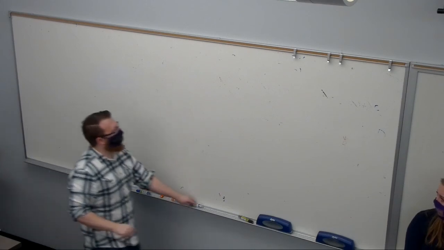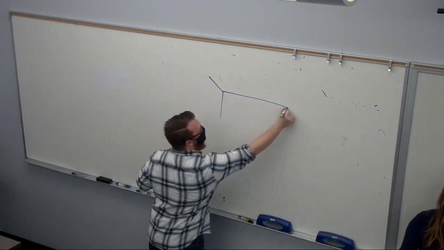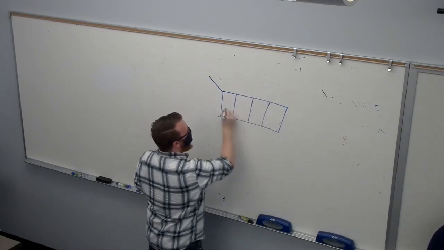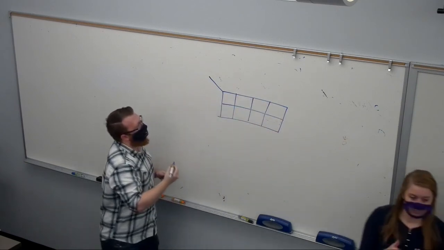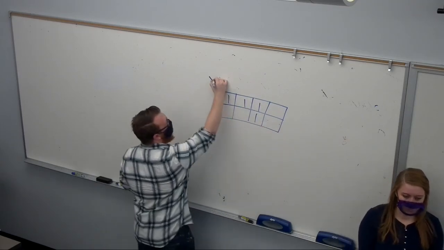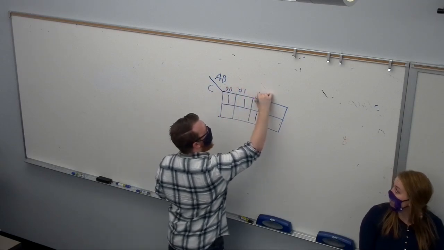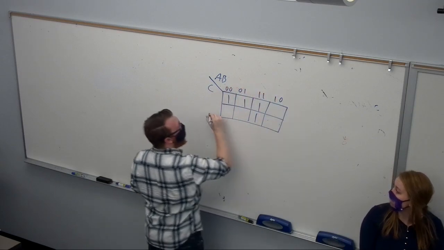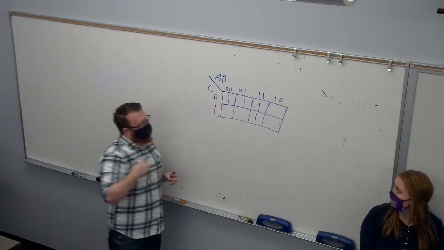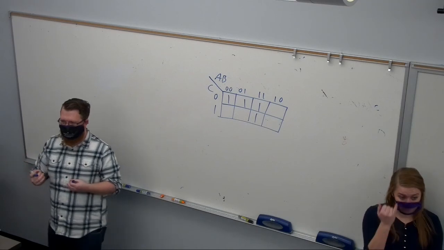Let's introduce a new term, and we'll pull this back to the K-maps that we discussed last time. Start with an easy K-map, something like this, and we'll label it this way. There's this new idea of don't cares.